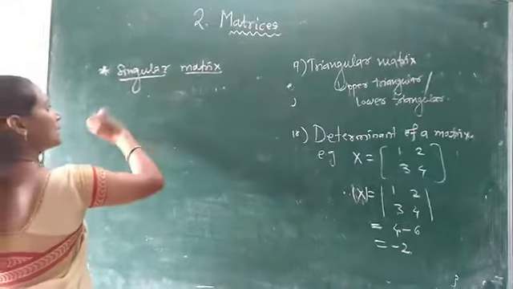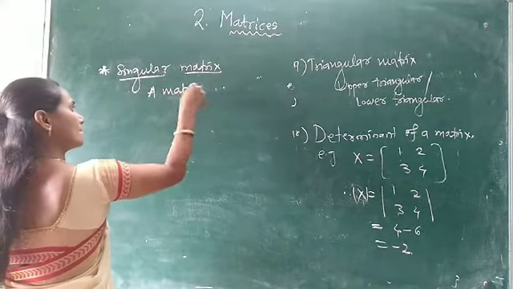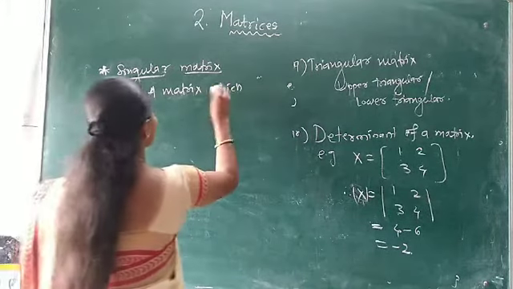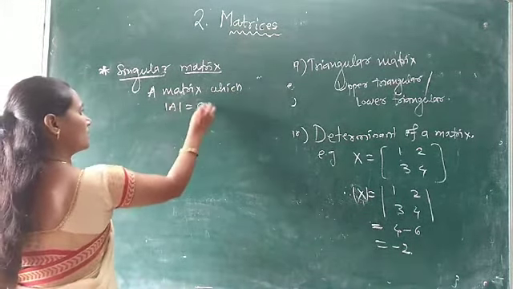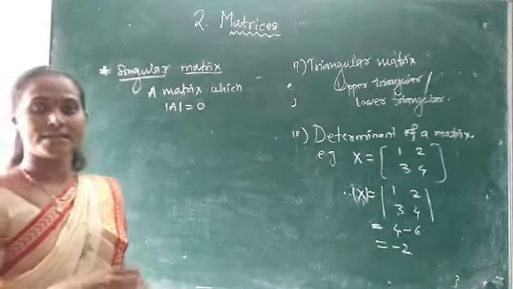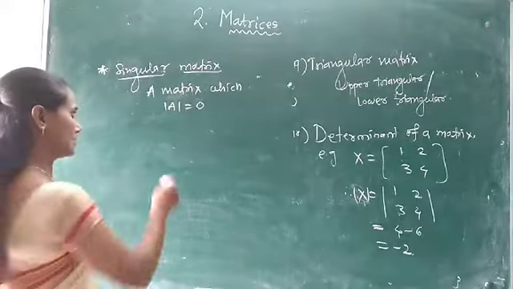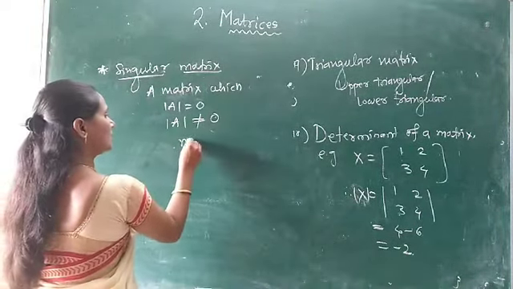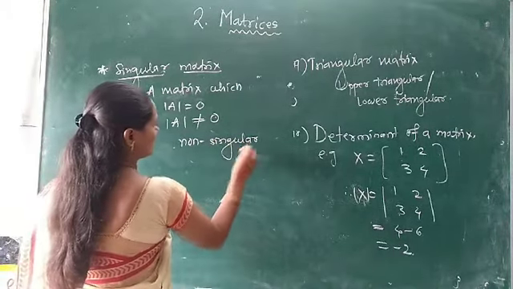So, singular matrix means a matrix A whose determinant is 0. If determinant of matrix is 0, then the matrix is said to be a singular matrix. And if determinant A is not equal to 0, then the matrix is said to be a non-singular matrix.